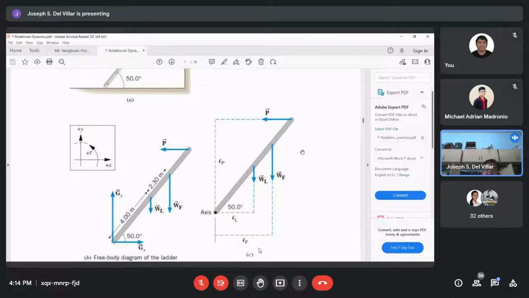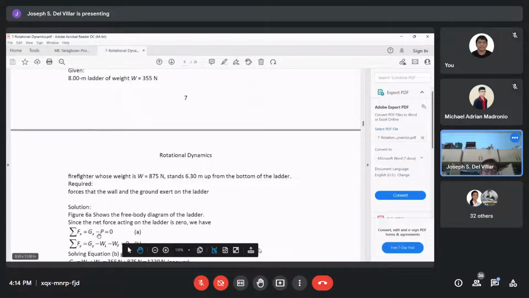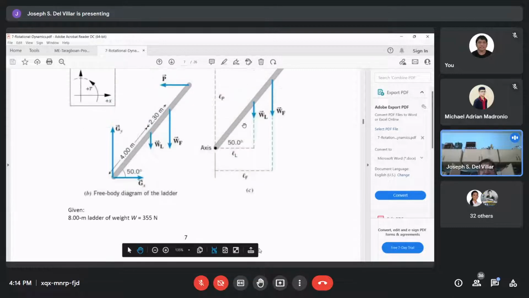And after solving for P, i-substitute nyo na dito sa summation of X. Kasi yung Gx is equal to P. Diba? I-transpose nyo dito yung P sa right. Gx is equal to P. So Gx and P are equal in magnitude. Okay, so una nyo makukuha yung P galing doon sa torque equation.